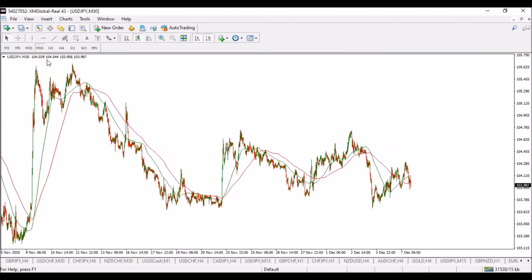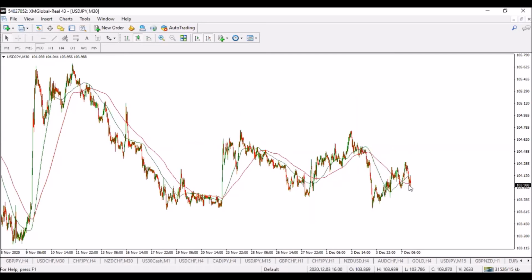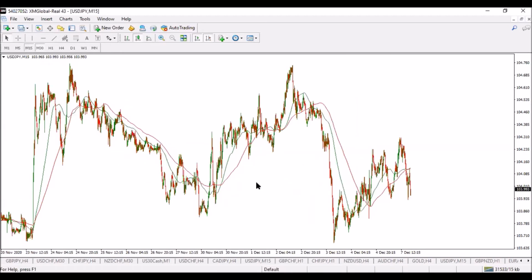I would go to 15 because I can see clearly the crosses. Like here, I can't really see the crosses, it's delayed because it's already going up. So I'd go to 15 where it was starting. So there was a good buy over here.